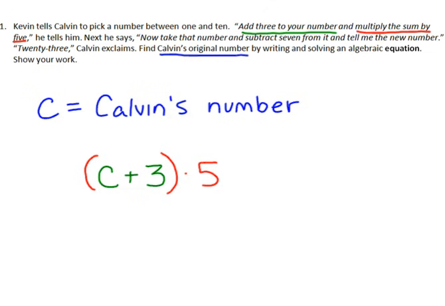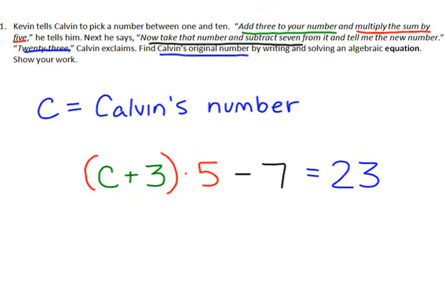Now it says to take that value and subtract 7 from it. So minus 7. And finally, that is going to be equal to 23. So equals 23. All right, so that is our starting equation.